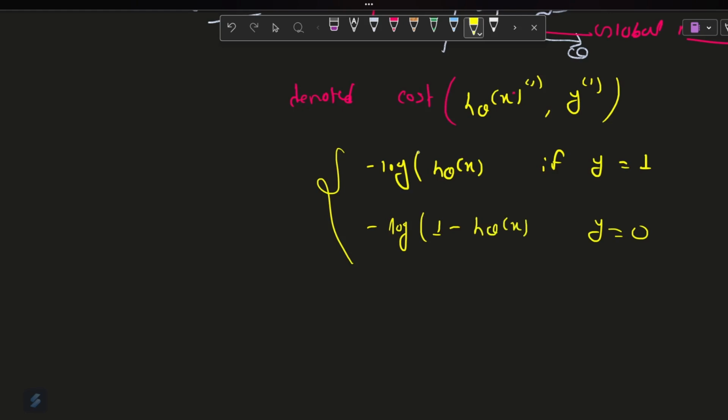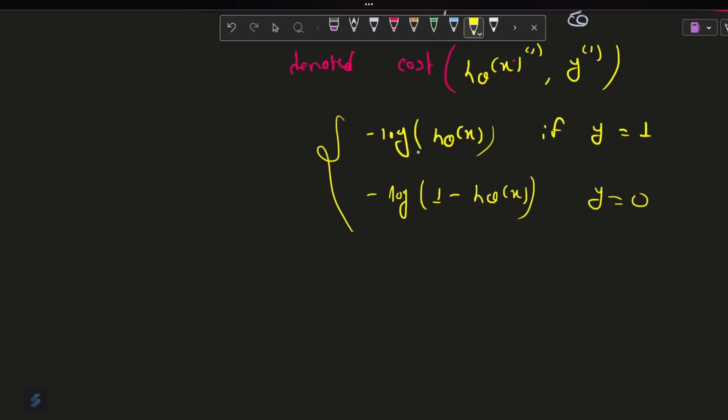If y is equal to 1 it is minus log h theta of x, and if y is equal to 0, it means minus log of 1 minus h theta of x. That is the equation you will see. So how does your cost function look?